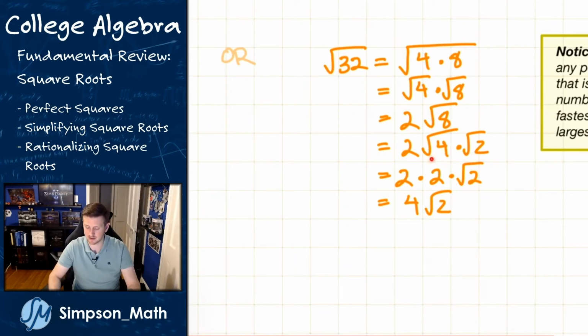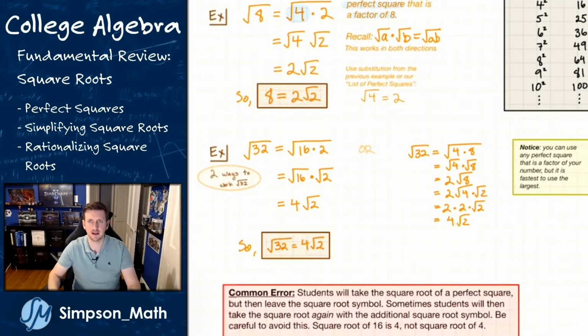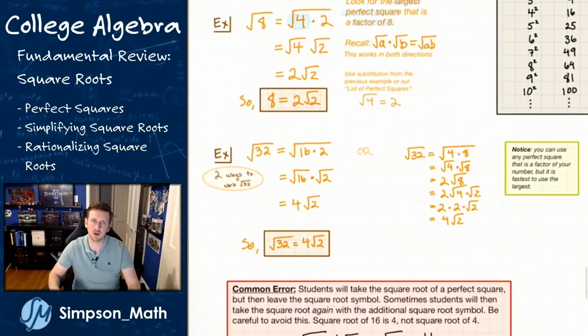So then the square root of 4 is 2. These 2's multiply, and we end up with 4. So it doesn't really matter which way you do it. You can use any perfect square as long as it's a factor of that number, but it is fastest to use the largest. But if you don't find the largest, it's okay.